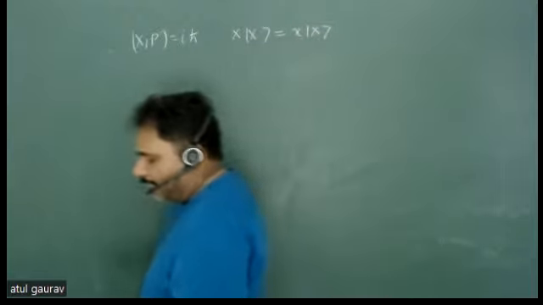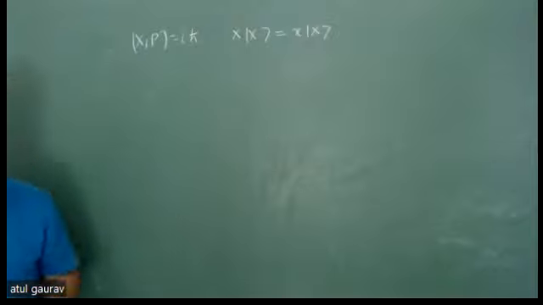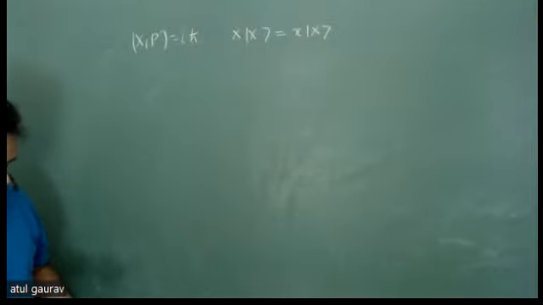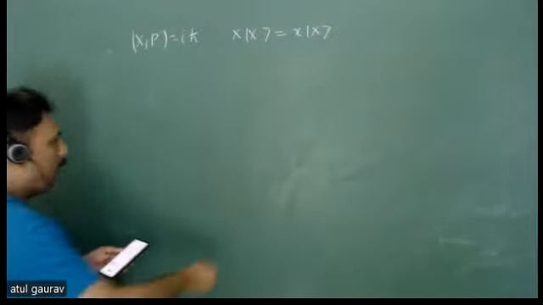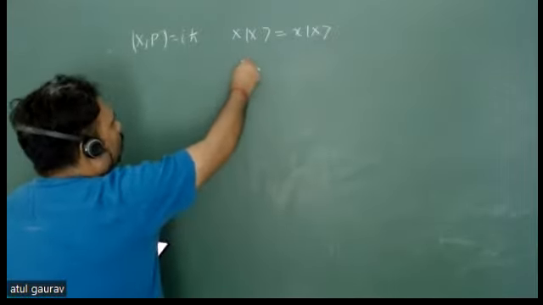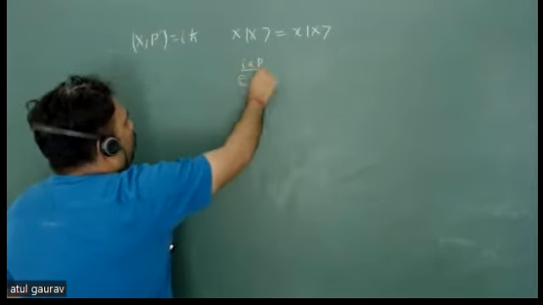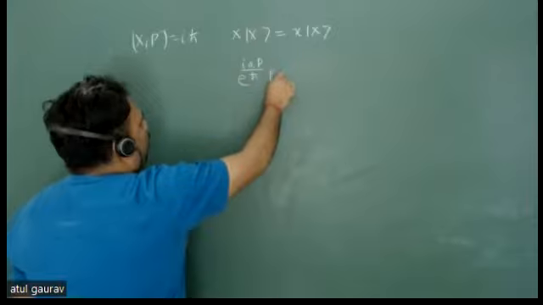Now the question is: what will be the eigenvalue associated to the function e to the power i a p upon h cut |x>?